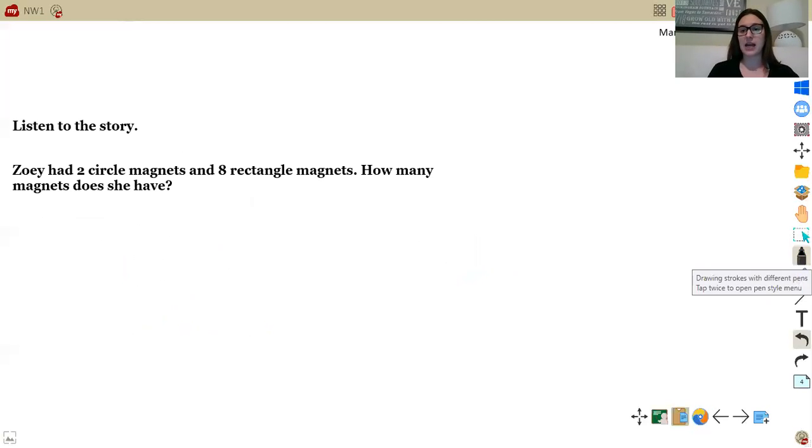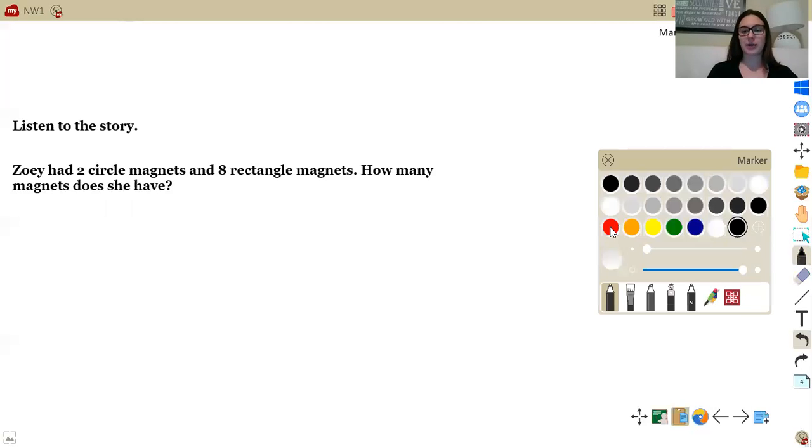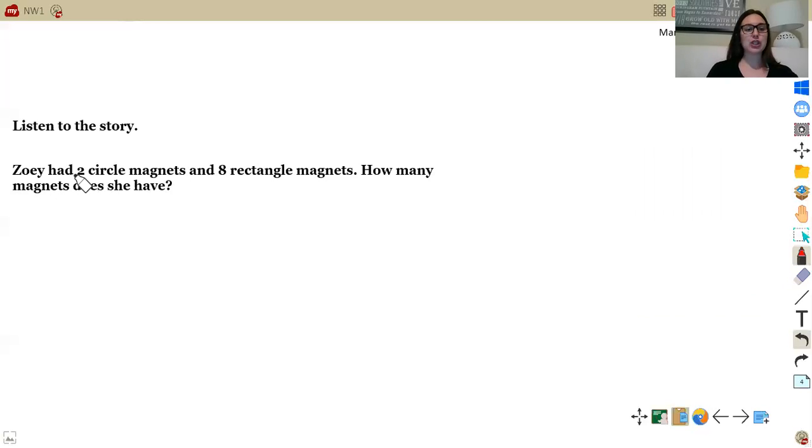Okay, now that you guys have finished your problem, let's go ahead and check. So I'm going to use red. It says Zoe had 2 circle magnets. So I'm going to draw 2 circles. 1, 2. And 8 rectangle magnets.